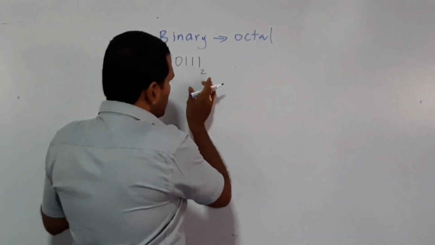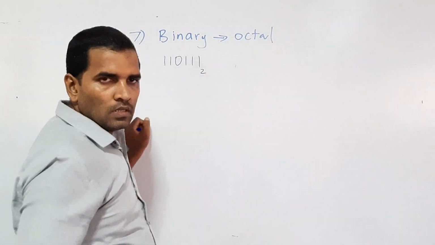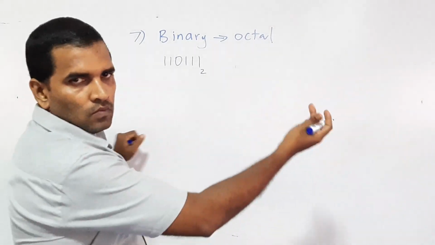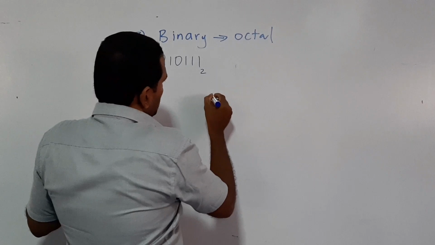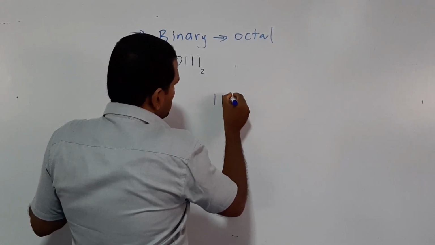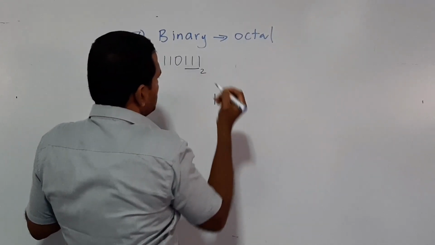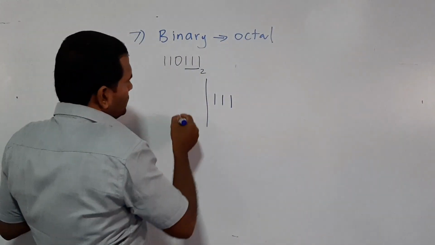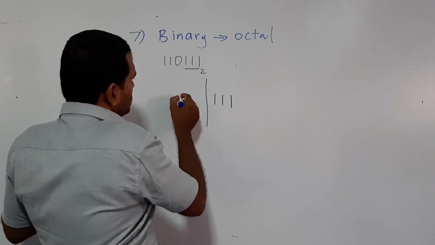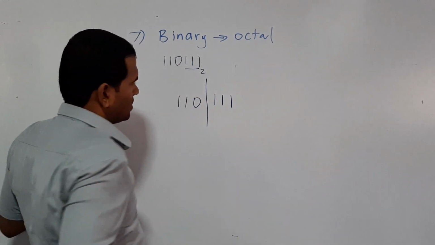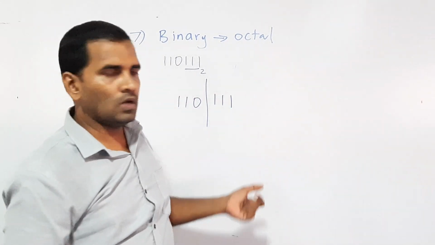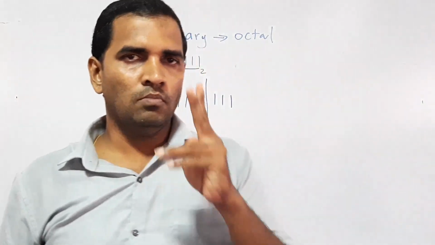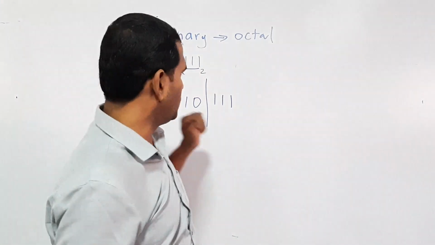So here I have 1, 1, 1 in the first group. These 3 must be in one group. The rest of the numbers are also 3 digits, so they must be in another group. So I formed 2 groups, making sure each group has 3 bits.